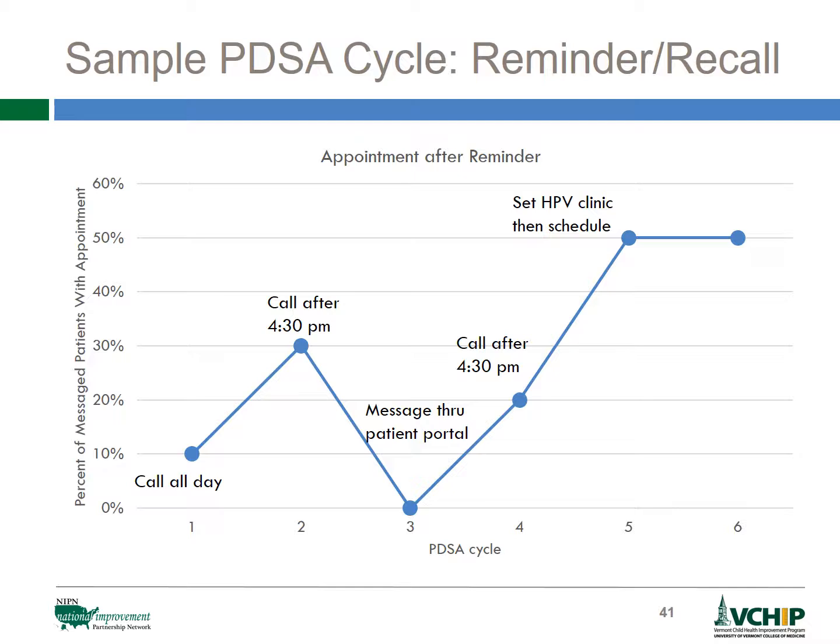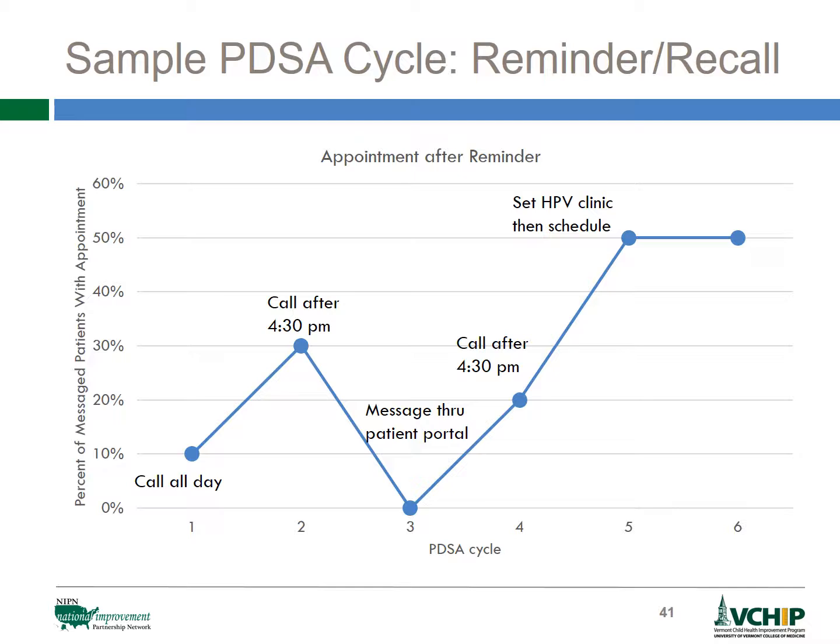So you can see in PDSA cycle 1, when they called all day, they had 1 patient or 10% make an appointment. When they called later in the day, they had a much higher response, 30%. And then these are all hypothetical results, but say then they tried messaging through the patient portal, no one responded.